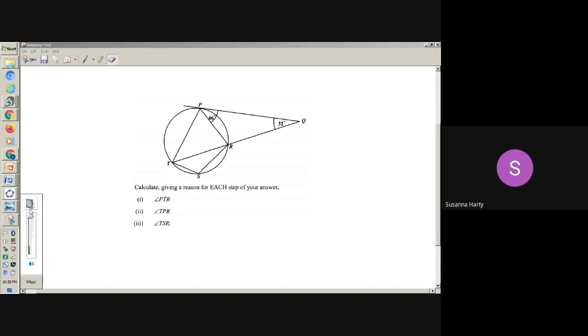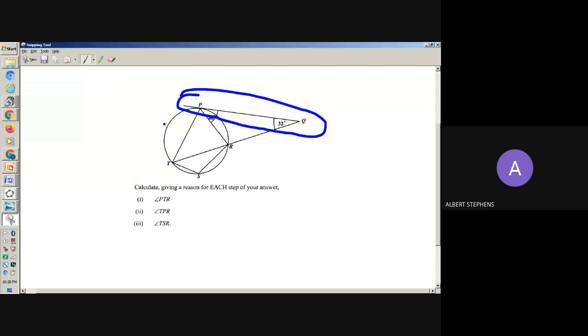Isn't that a tangent? No. A tangent is something that is this. This is a tangent. That's what I'm asking you. Yeah, it's a tangent.